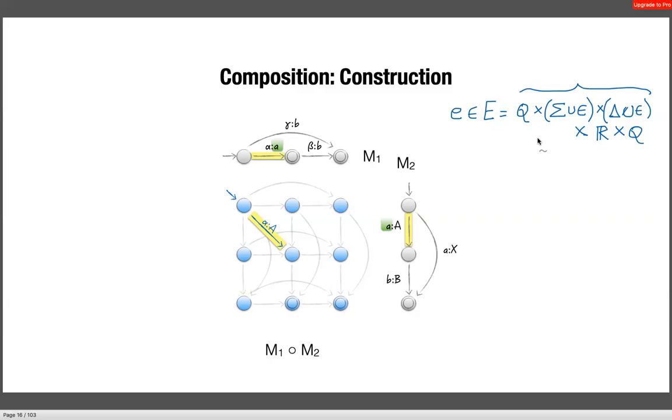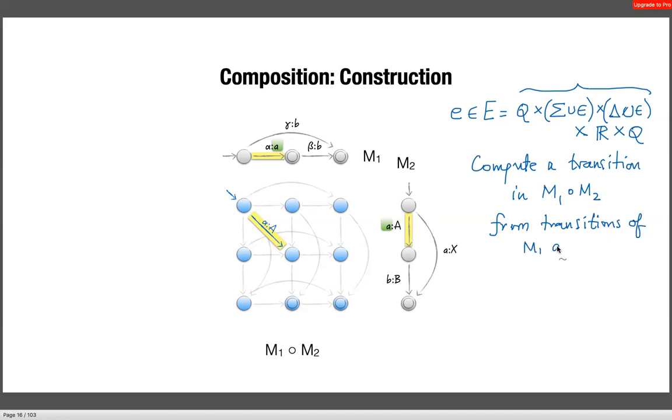Then if you want to compute a transition in M1 composed with M2, based just on transitions of M1 and M2, say that you have a transition as follows: Q1, X comma Y comma W1 comma Q1 prime. This is the transition in M1.